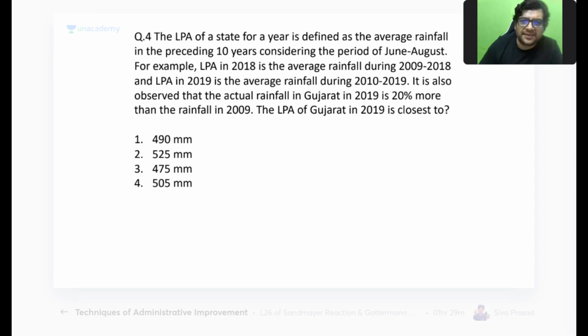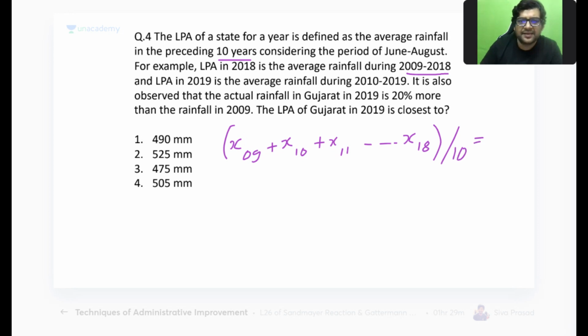The LPA of a state for a year is defined as the average rainfall in the preceding 10 years for the period of June to August. For example, LPA in 2018 is the average rainfall during the 2009 to 18 period. So from 2009 to 2018, if you take the average of all of those values, so 09, 10, 11 till 18 divided by 10, this overall is your LPA in 2018.